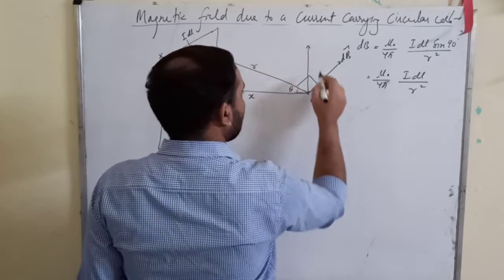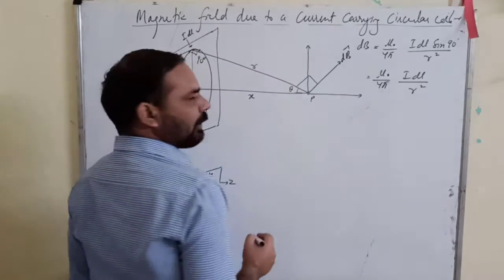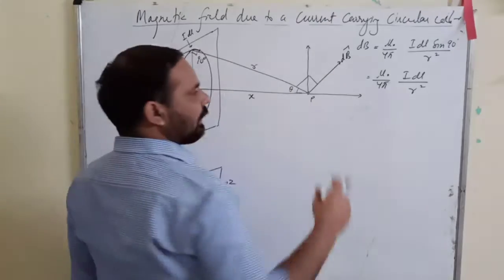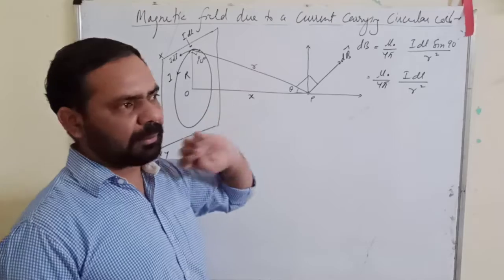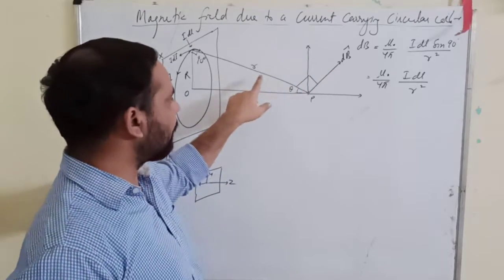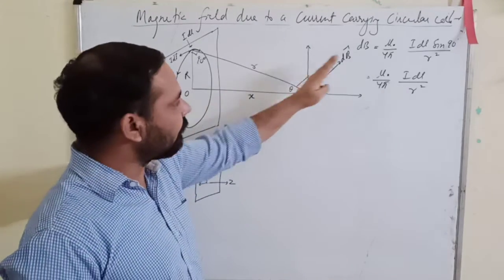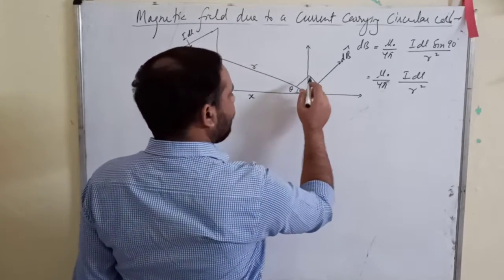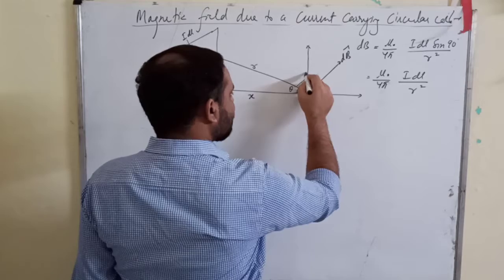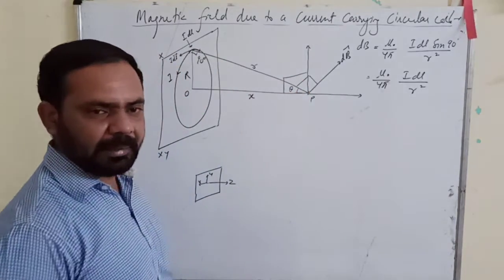This is one component, this is another component, because dB is a vector, so we will find the components. Now for the dB vector's components, if this angle is theta, this angle is 90, as well as this angle is also 90.